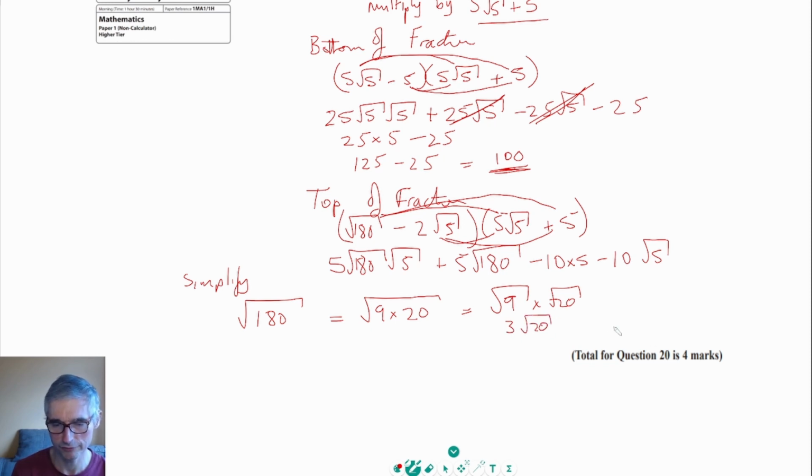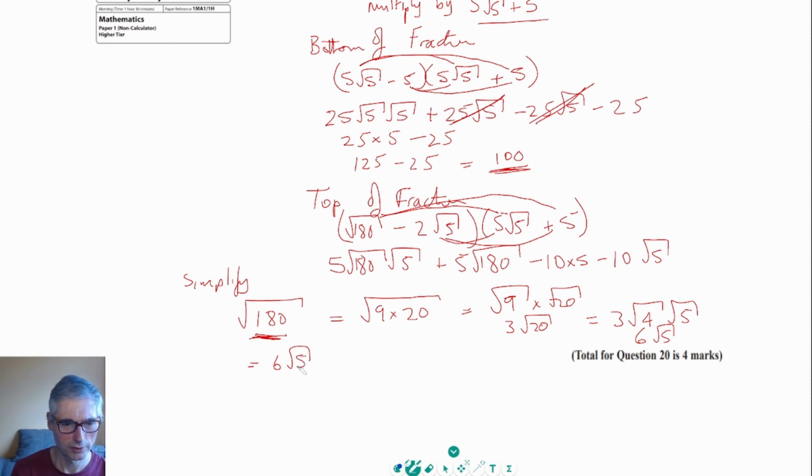That will simplify a bit further, because the root 20 could be written as 3 root 4 root 5, because 4 times 5 makes 20. So root 4 is 2, and 3 times 2 is 6, so that becomes 6 root 5. So root 180 is actually equal to 6 root 5.